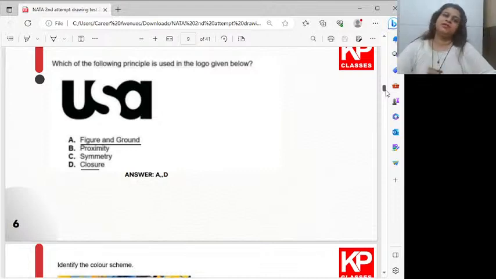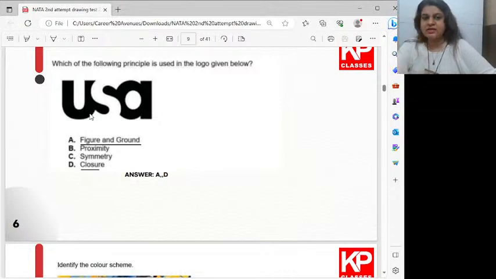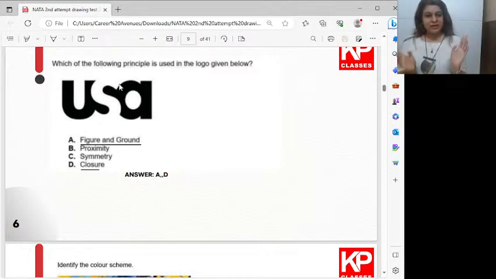Closure simply means that we all know it's an S written over here, right? So there is no shape, there is no form over here, but still it's a recognizable shape. The shape of S is recognizable, and when we see a recognizable shape, we tend to enclose the incomplete line. So that is what it is, right?